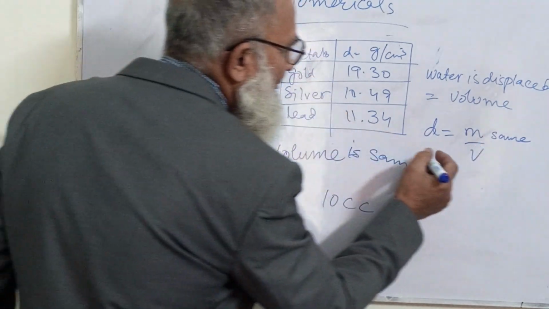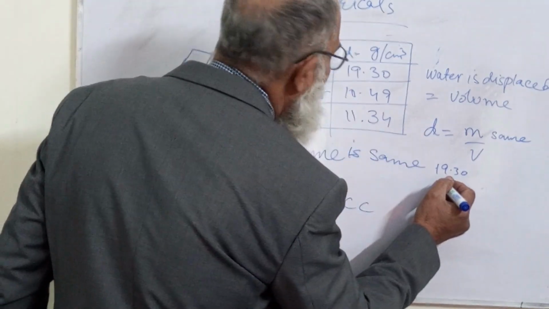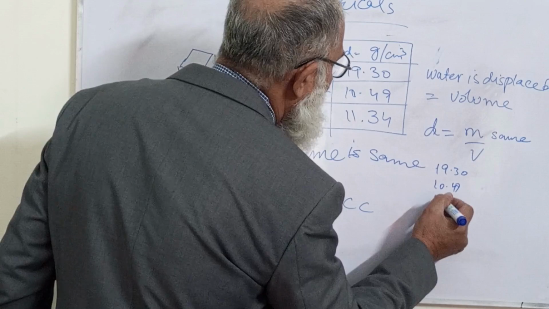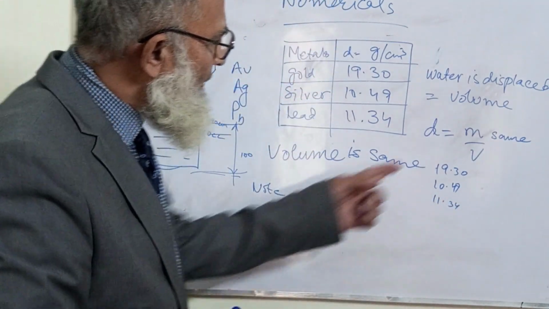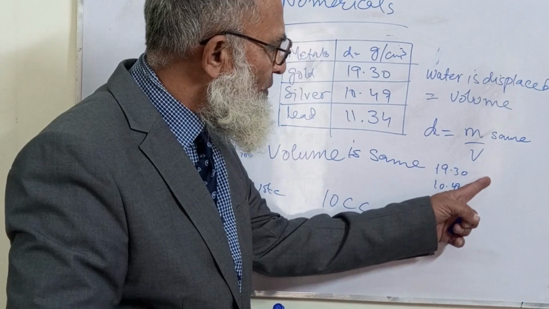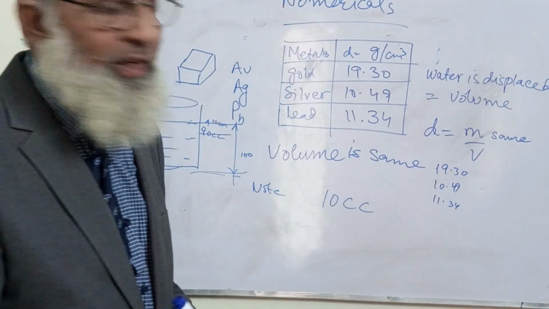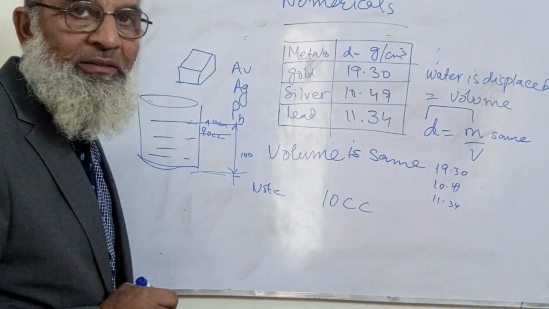For gold, Au, it is 19.3. For Ag, it is 10.49. For lead, it is 11.34. When mass is the same, the volume will have to be different, because we have taken these two things constant.